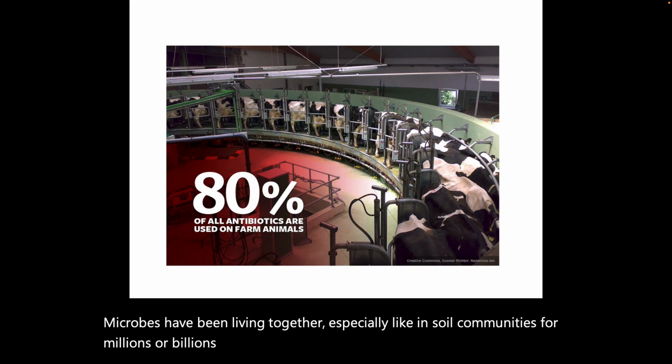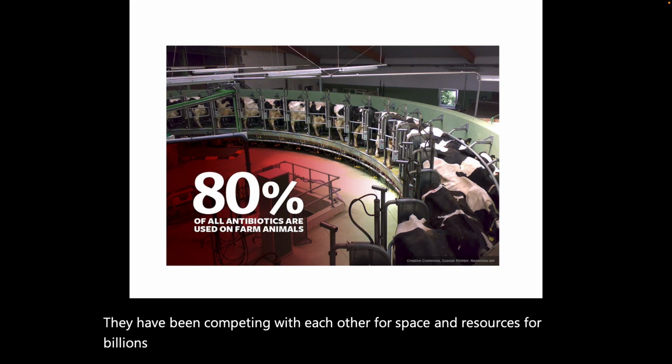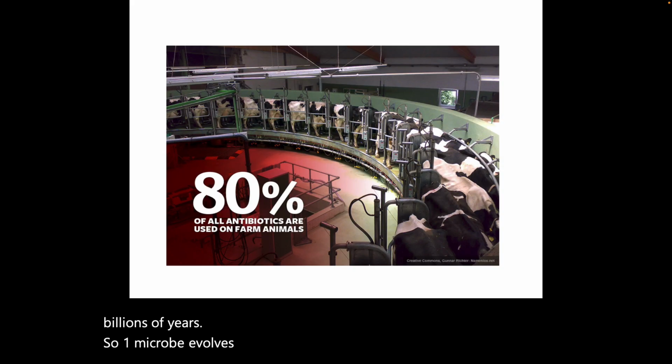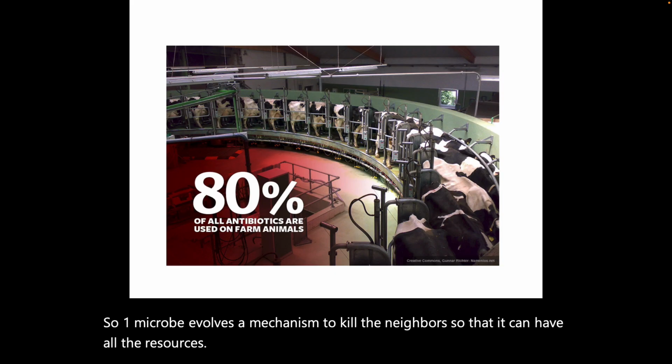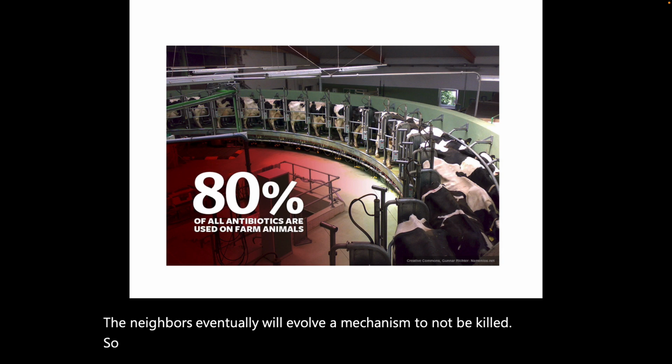They don't really care about us. They have been competing with each other for space and resources for billions of years. So one microbe evolves a mechanism to kill the neighbors so that it can have all the resources. Well, the neighbors eventually will evolve a mechanism to not be killed. That's resistance. So we don't cause antibiotic resistance. We just make it very bad.